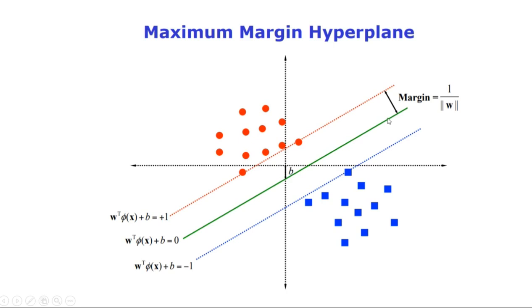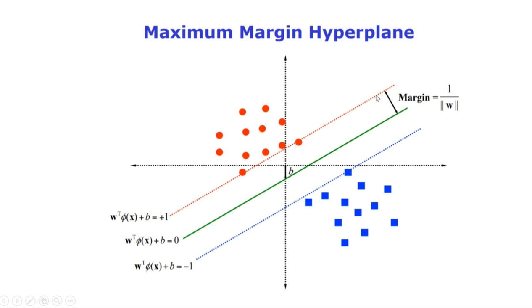Similarly, the distance between green plane or green surface and blue surface is, you can see my cursor, again 1 by w. So the total margin should be maximized. So what is the total margin? 1 by w plus 1 by mod w. So total 2 by mod w, it should be maximized.